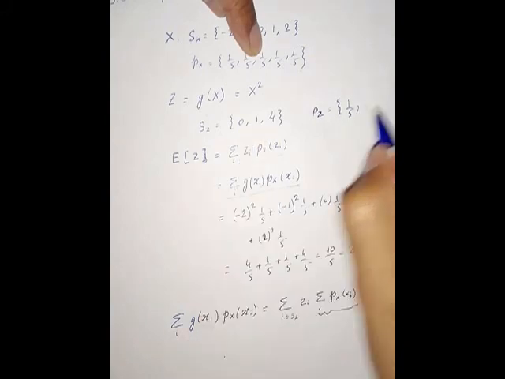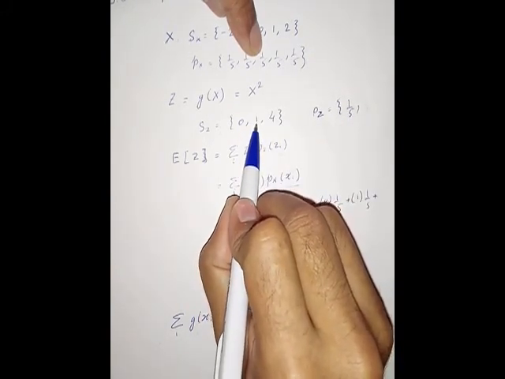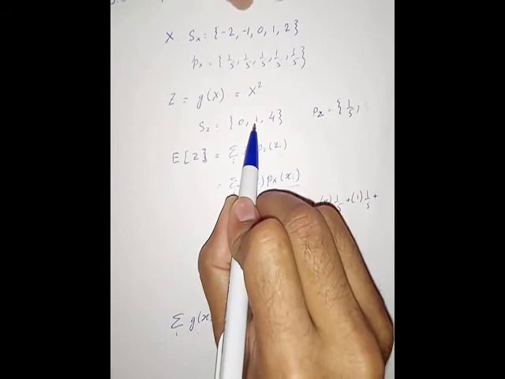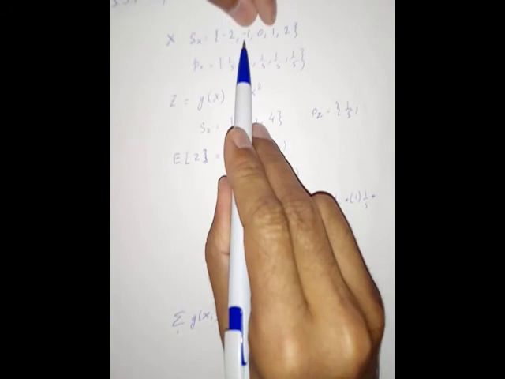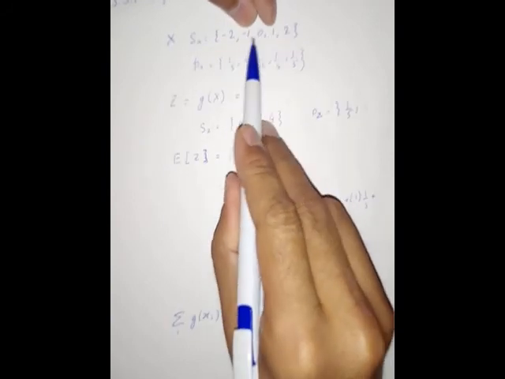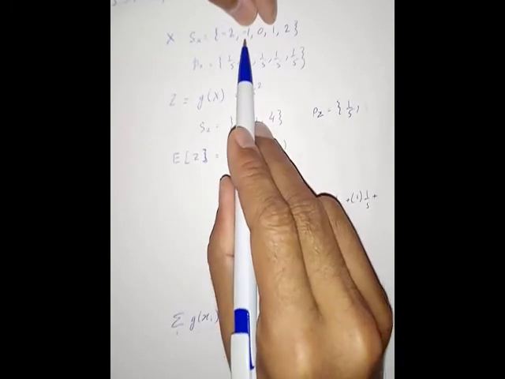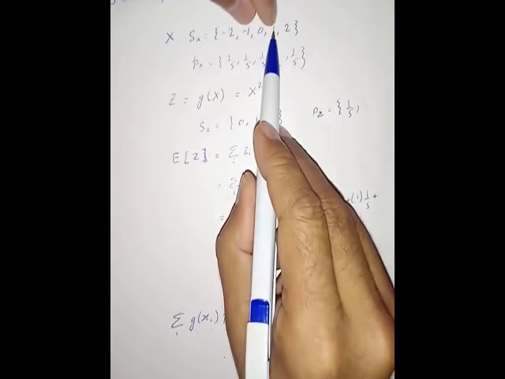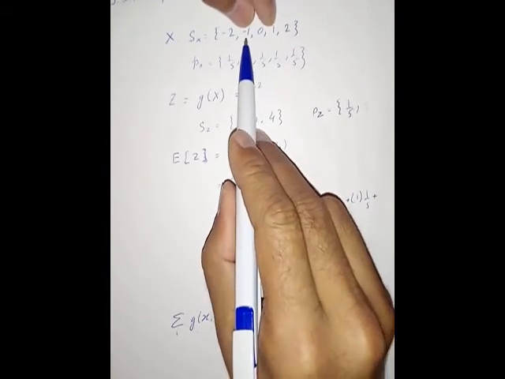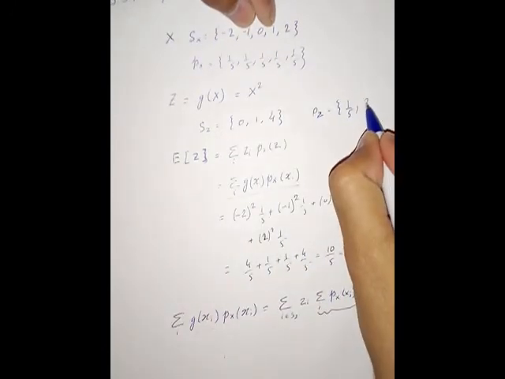Secondly, what is the probability that z is equal to 1? Z will be equal to 1 only when x is either 1 or -1. So the probability of z equal to 1 will be the sum of the probability of x equal to 1 and the probability of x equal to -1, which will be 2 over 5.